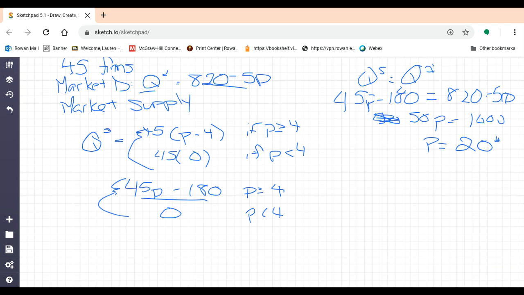So then we want to plug in this 20 into either supply or demand to figure out how much the market quantity is. I actually think the demand would be easiest. But remember, we're in equilibrium, so the quantities are going to be the same, whether for demand or supply. And then we have, so 820 minus 5 times 20 is just 100.